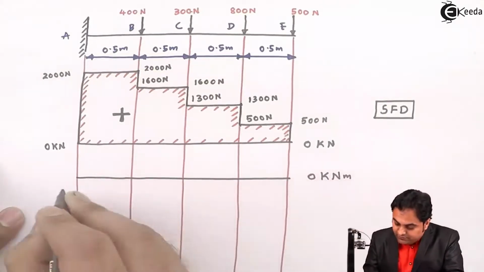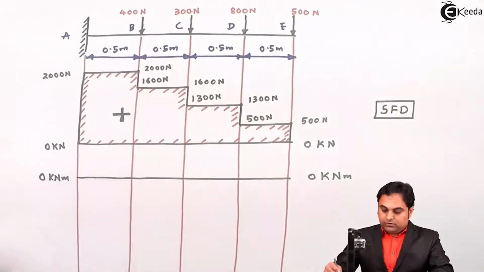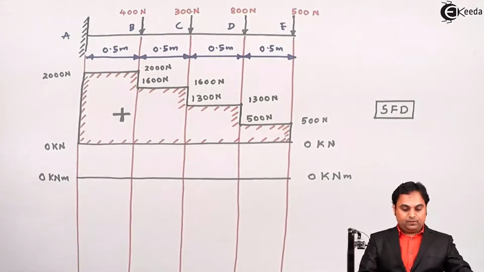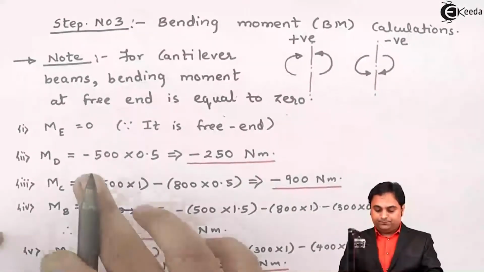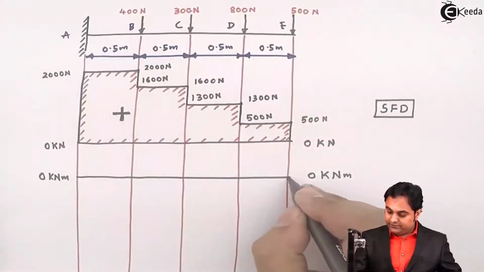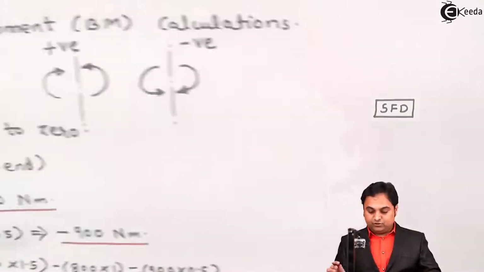This is zero line, 0 kilonewton meter. Next, if we start the bending moment here, bending moment at point E it was 0. So at E it is 0 value. At D the value is minus 250.